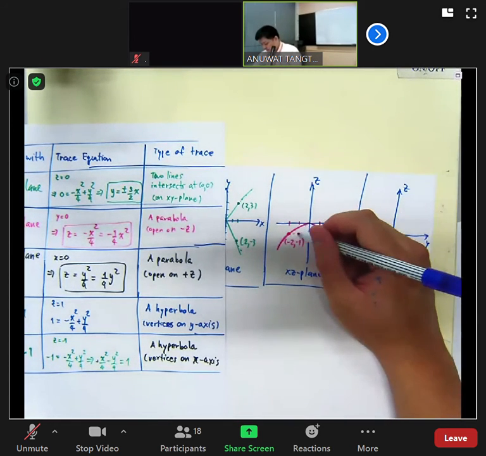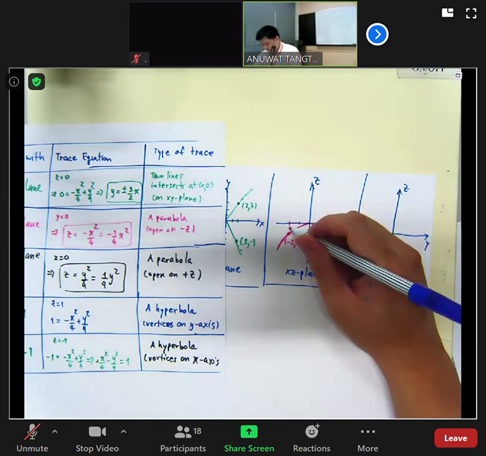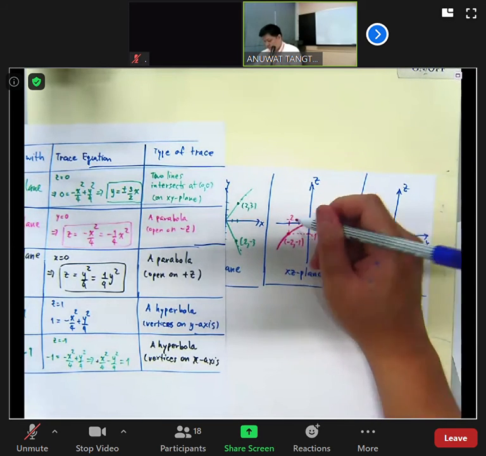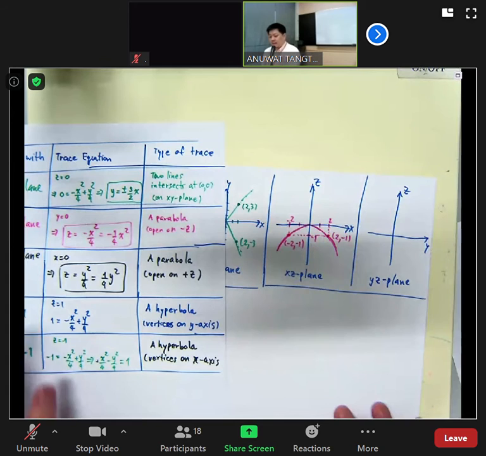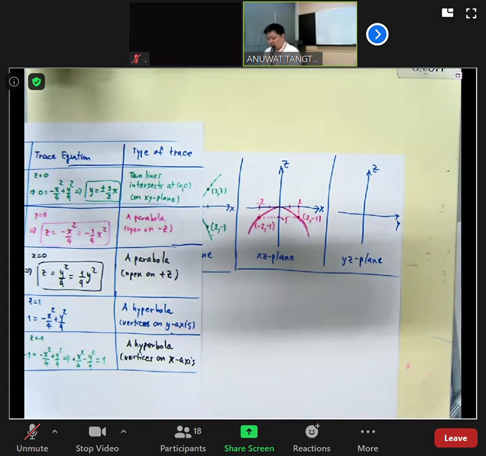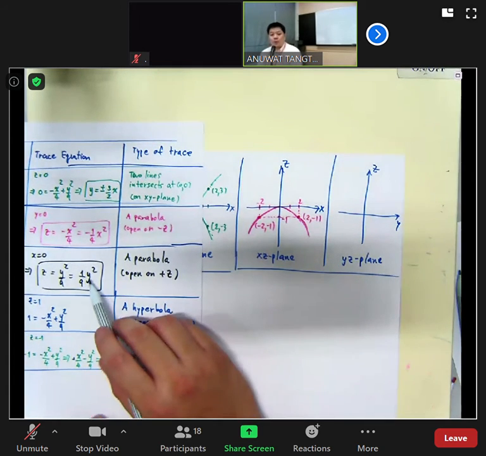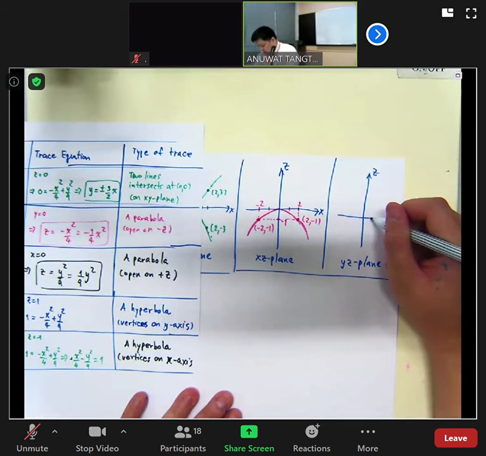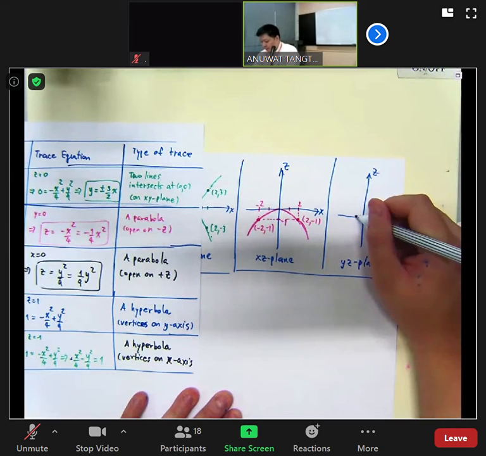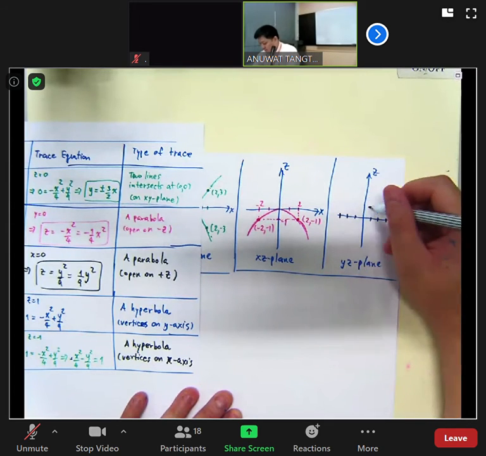Okay. Now, the black one on the yz plane, y equal to 3, then z equal to 1. So it passes through the points 3, 1 and -3, 1.